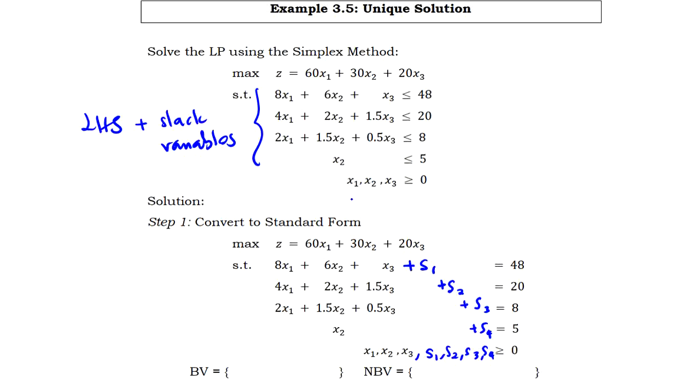For the objective function, we add plus 0 S1, plus 0 S2, plus 0 S3, plus 0 S4.